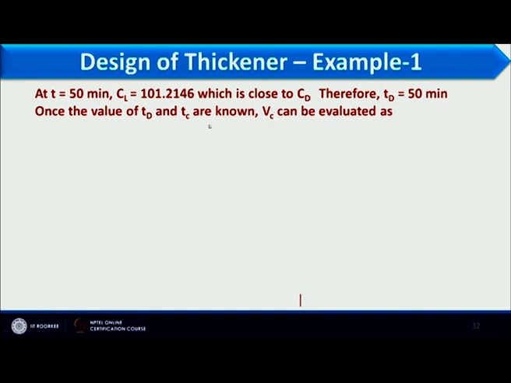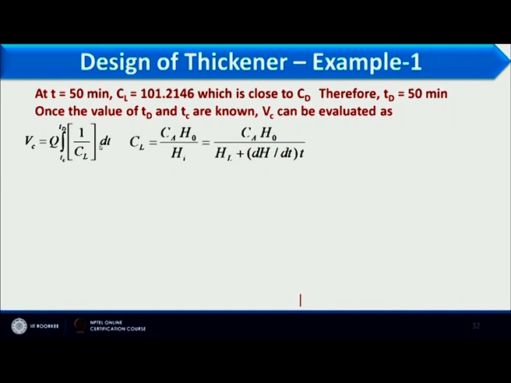Once the value of TD and TC are known, VC can be evaluated as, this is the expression. Further, CL we can write as CL H naught by HI.